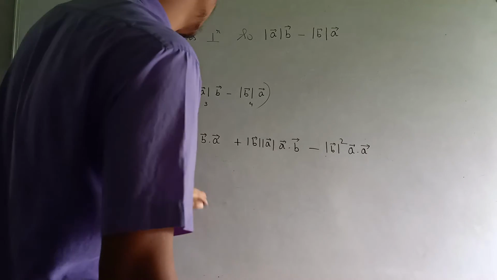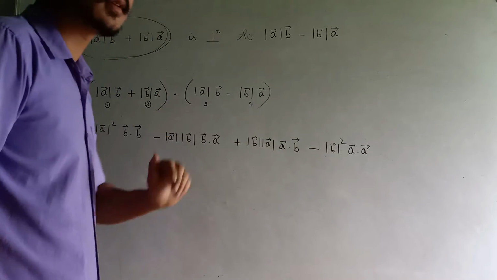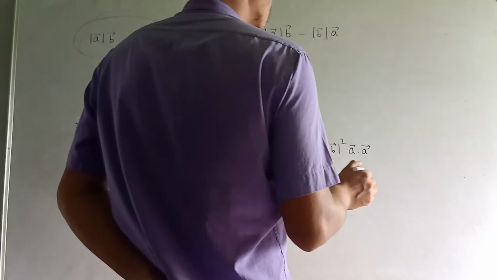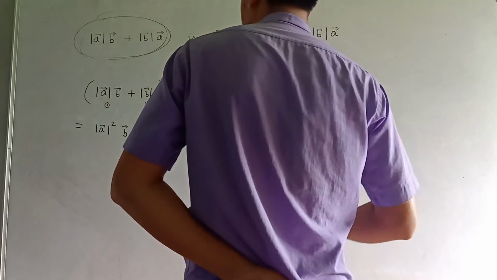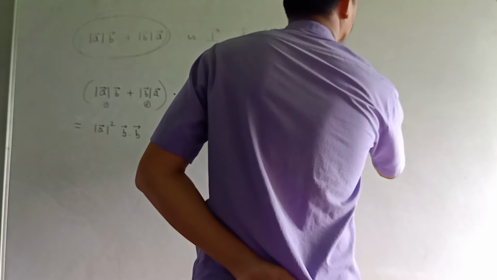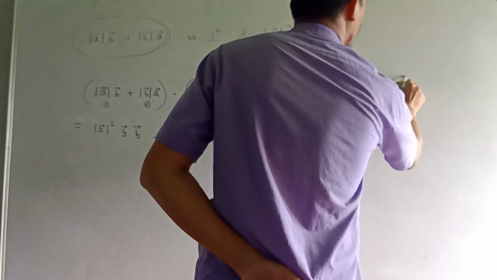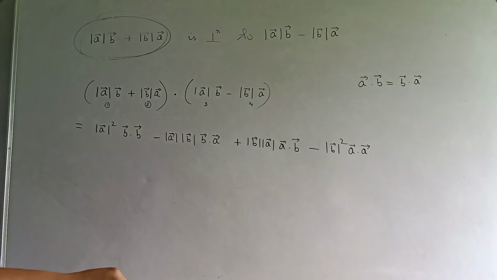But see, how do we find the dot product of two vectors? Now you see what I wanted to say. A dot B is always equal to the same thing.